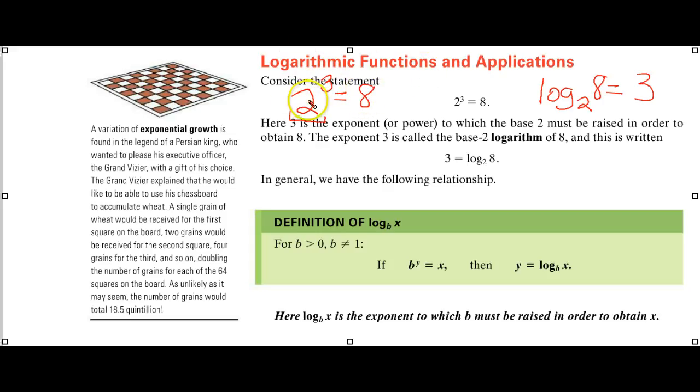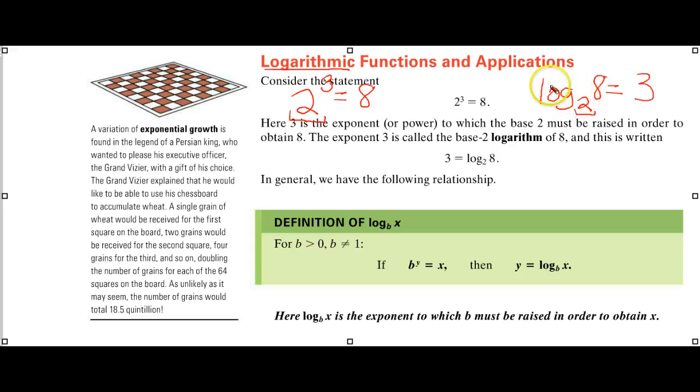We're now going to modify the pattern of this and convert it to what we call a logarithmic function, in which we say the log of base 2, the answer is 8, is equal to 3.